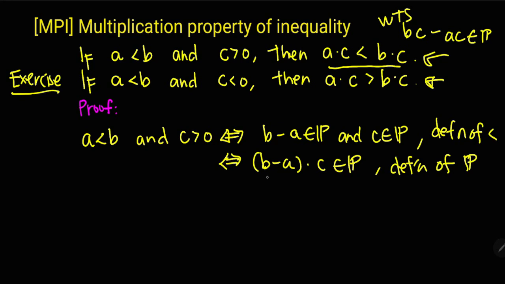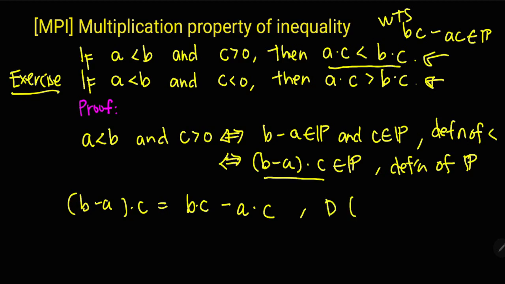But let's look at the expression B minus A times C. B minus A times C is actually equal to, by the distributive property, B times C minus A times C. So it's an exercise to show that the distributive property is also applicable when the operation is subtraction. So I will leave that as an exercise. Again, remember, subtraction is defined simply using addition.